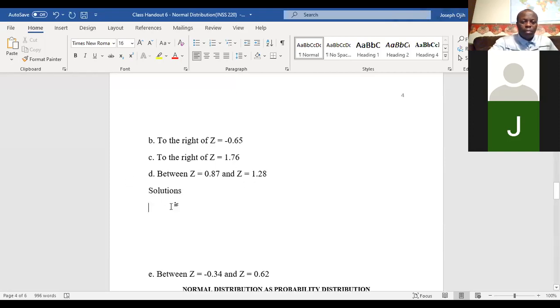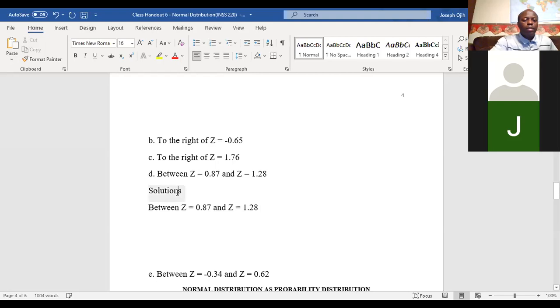So I'm gonna write between Z equals 0.87 and Z equals 1.28. Okay.